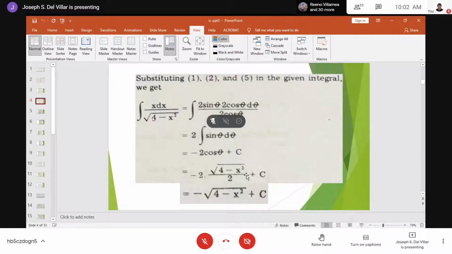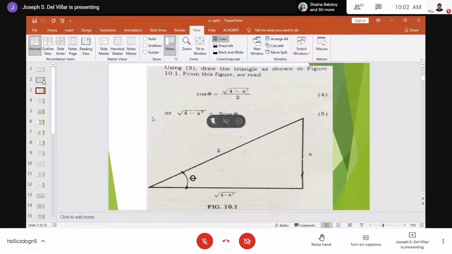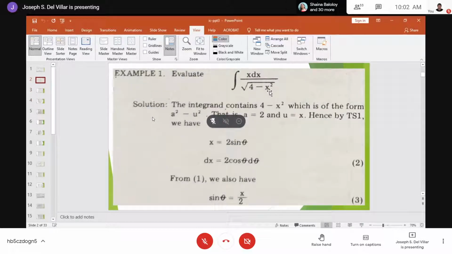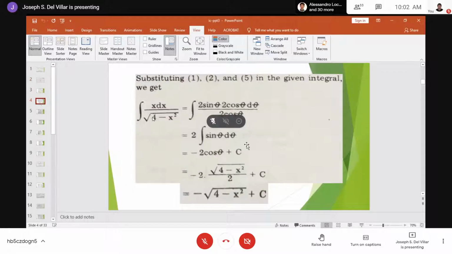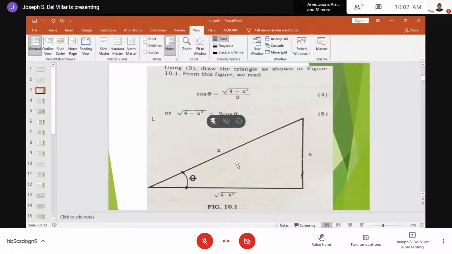But we do not leave our answers in terms of theta because that is not the given. Take note that the given is in x and dx. So it must be in terms of x. So, substituting for cosine theta, where do we get the cosine? From the right triangle. From here, we have 2 cosine theta.